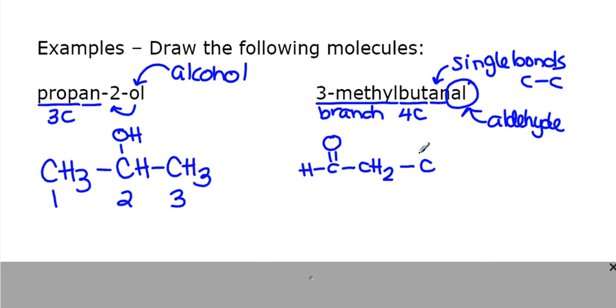But on carbon number 3, I have a methyl branch, so I'm going to put that in. We're not at the end of the chain yet, so I need one more hydrogen, and then CH3 for 4 carbons long. 1, 2, 3, 4.